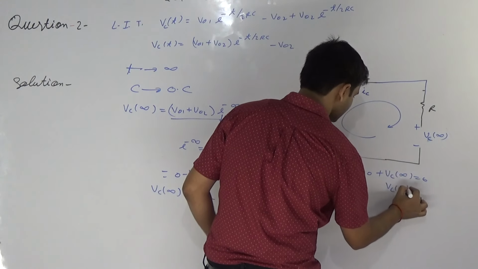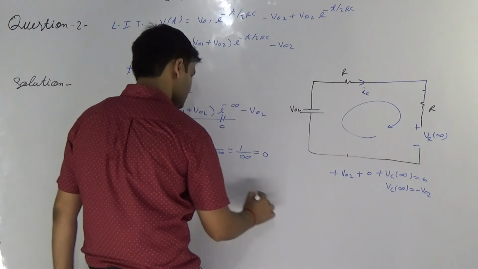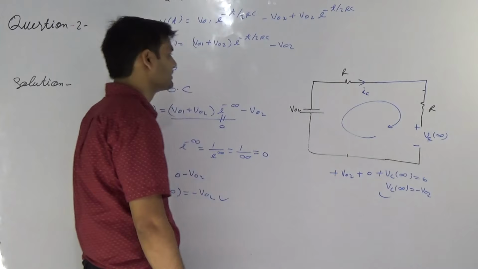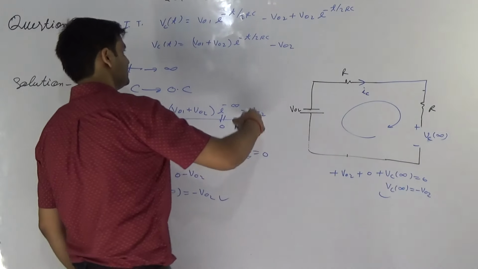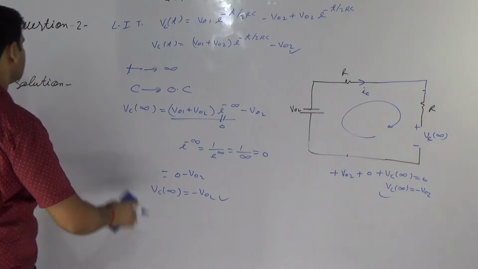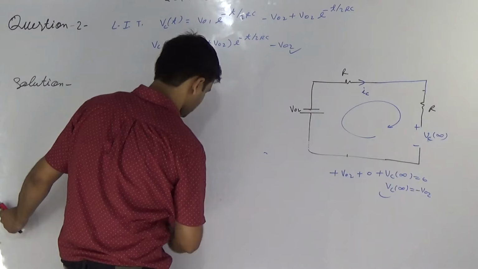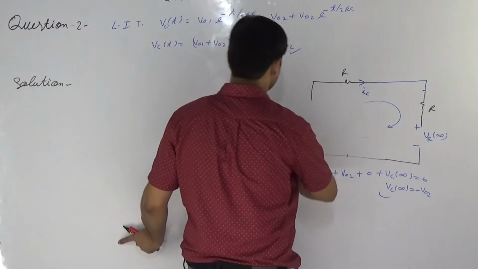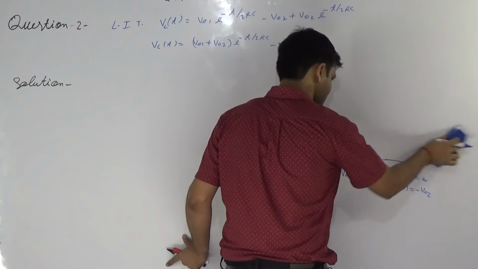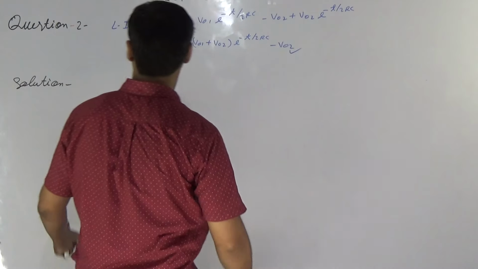That's why Vc infinity will equal to minus V02. It means I am going in the right direction. The right answer is this one. Not matching for any of the 4 options. Maybe there are some mistakes in the question, that's why it is not matching. But according to the question, the right answer is this one.